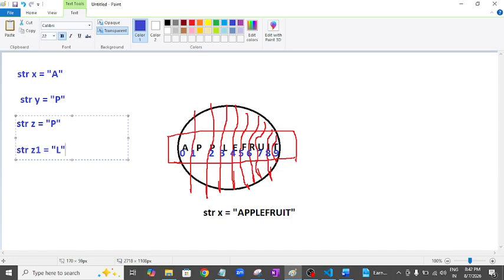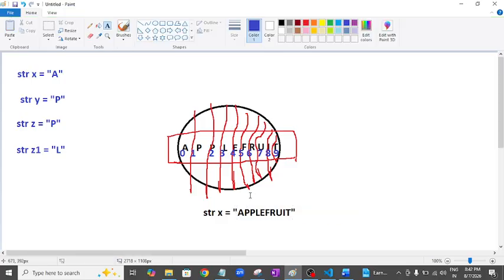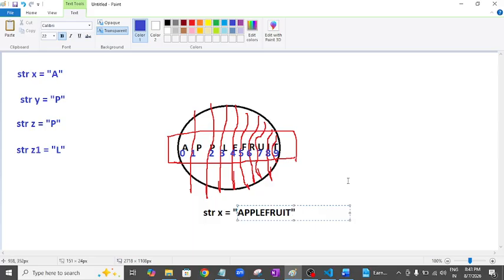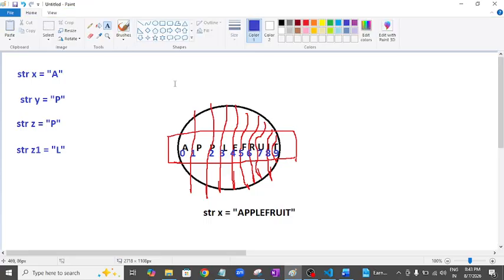Just I am defining. So what I want to explain is for each character, for each alphabet in Apple, A P P L E F R U I T, it will be nothing but data type is string.